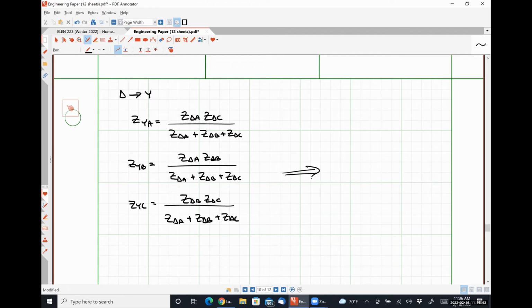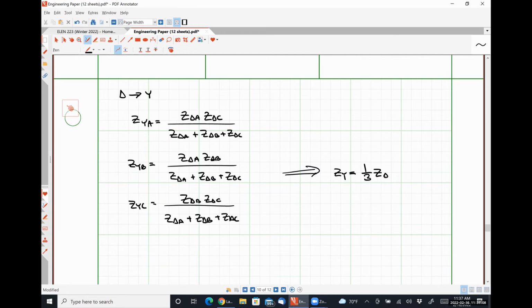Z delta over 3. Or ZY is equal to 1/3 Z delta. So for a balanced three-phase load, to go from Y to delta, we multiply by a factor of 3. To go from delta to Y, we divide by a factor of 3.